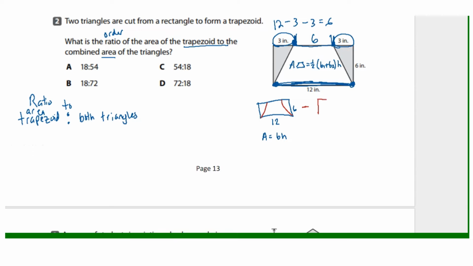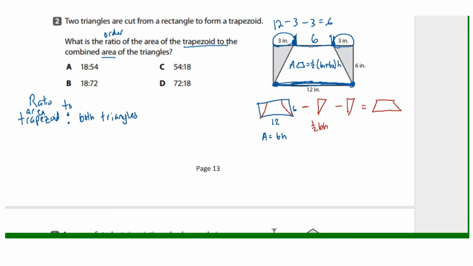So I'm going to take away one triangle, then I'm going to take away another triangle, and the rest is going to be equivalent to my trapezoid. And I won't have to use that formula and figure out what the top base is. All right, so I'm going to use my formula 1/2 times the base times the height.